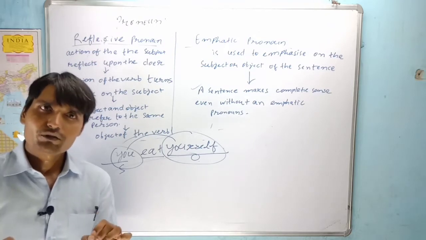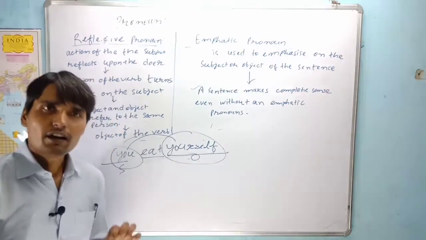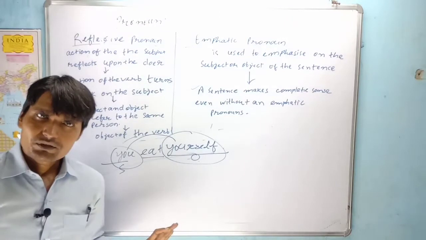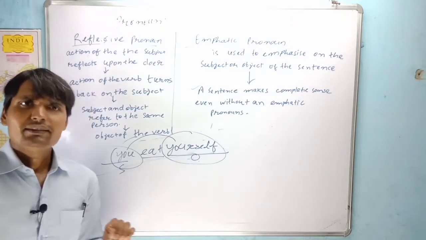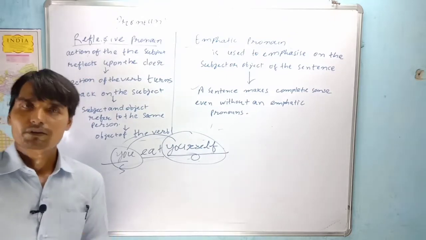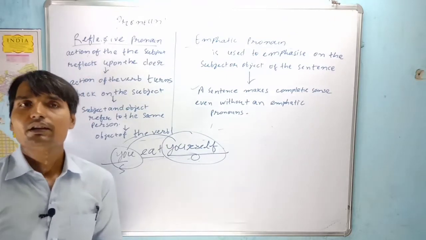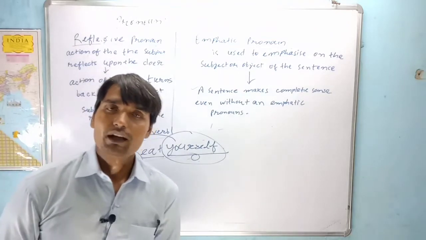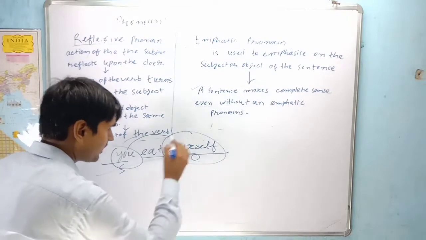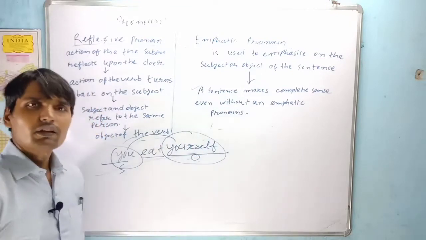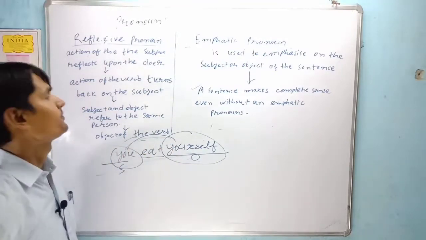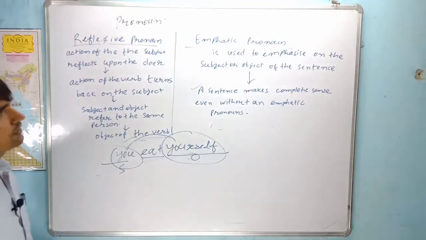Its object always looks back, because yourself, herself, myself, themselves, itself, these all are the objects of the reflexive pronoun, and these always look back to its subject, just like the relative pronoun. Relative pronoun always looks back to its subject. I would explain that in the relative pronoun chapter. So yourself, herself, themselves, ourselves, these all are the selves or self. They always look back to subject.